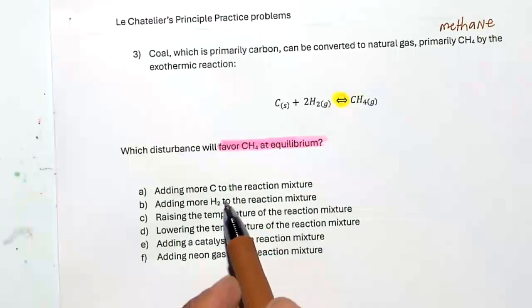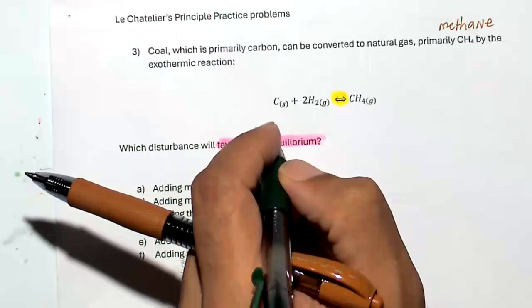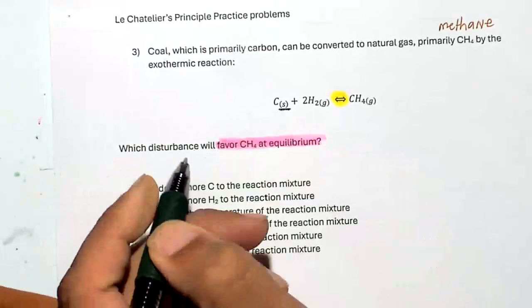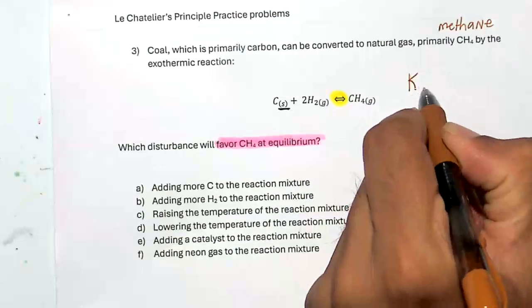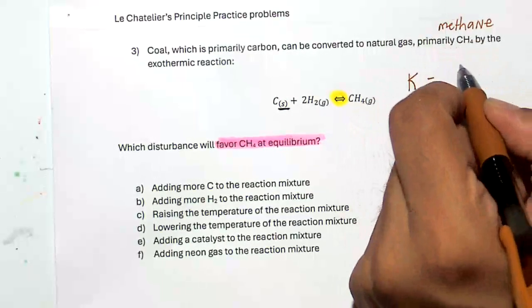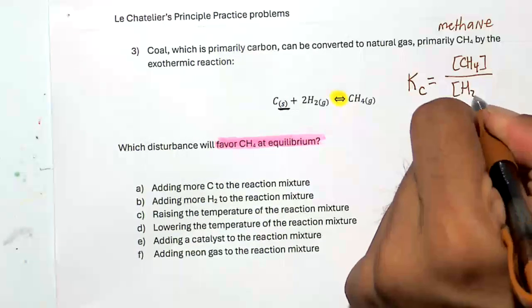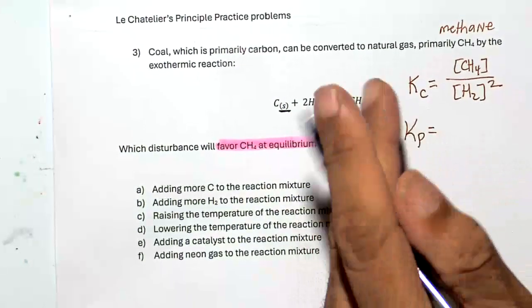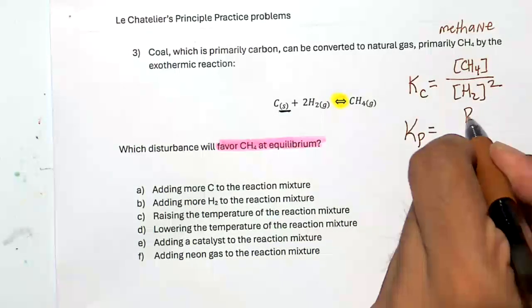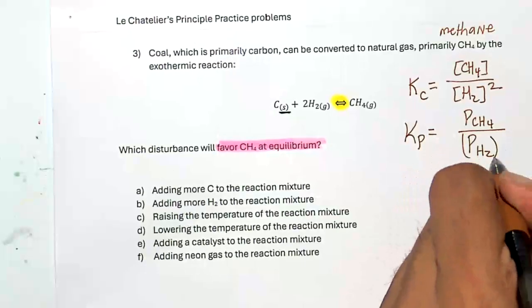All right, adding more carbon to the reaction mixture. You think it will shift to the right, but are you right in saying it shifts to the right? Because it's a solid. This equilibrium expression, in terms of concentration, would be the concentration of methane gas, CH4, divided by the concentration of H2 gas squared, but I can also do it in pressure: pressure of CH4 over the pressure of H2 squared.